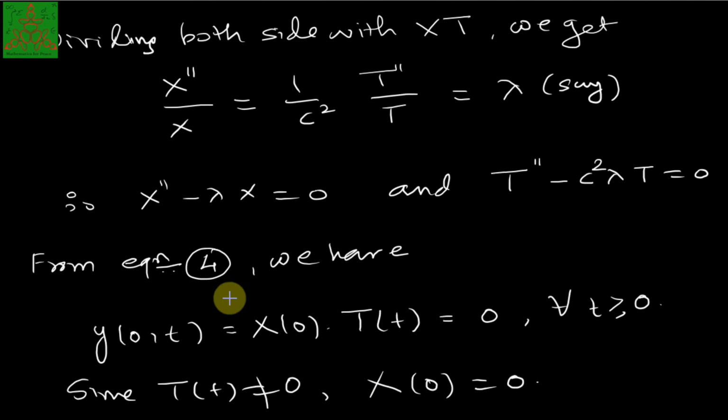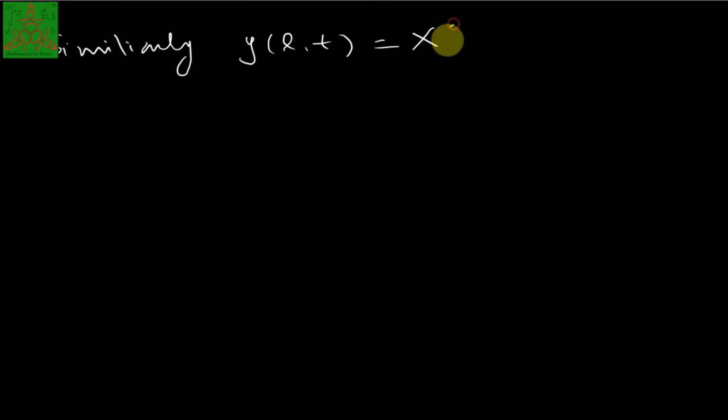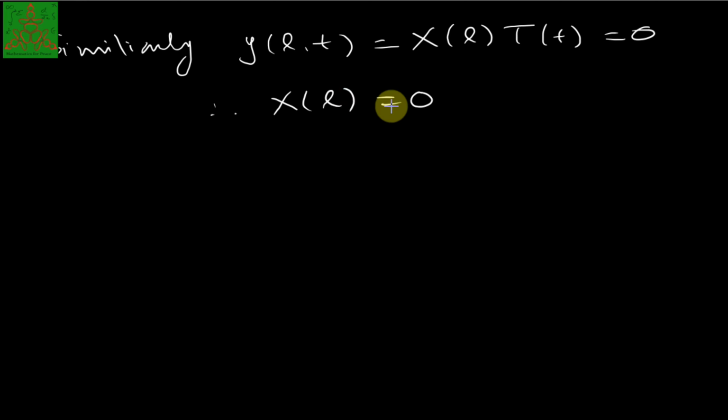And similarly, for the other boundary condition, that is y of l, t is 0. Similarly, y of l, t is equal to x of l into T of t, and this is equal to 0, that is our given boundary condition. So we can have x of l is 0, because T of t is not equal to 0.